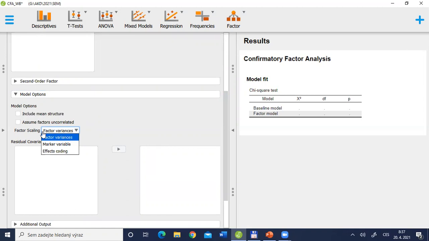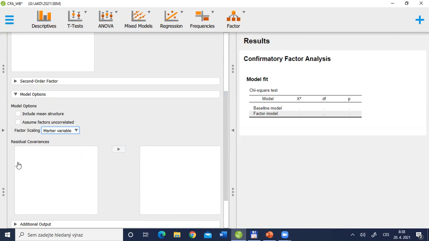I don't know why JASP is using factor variances as the basic style of factor scaling. Usually we use so-called marker variable scaling, so that's why I would change this style, and I will explain what it means in the next minutes in outputs. So we would ask here for factor scaling, which is called marker variable.